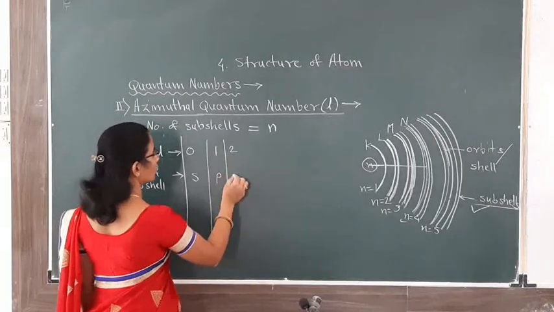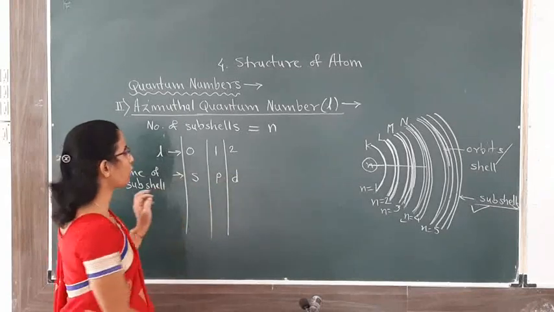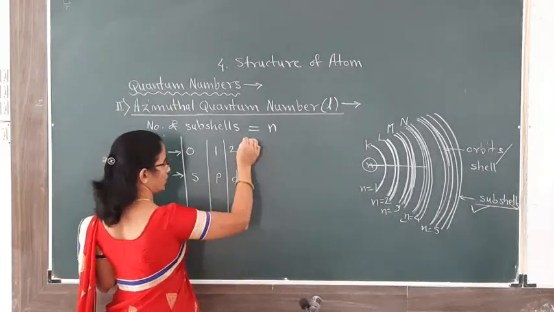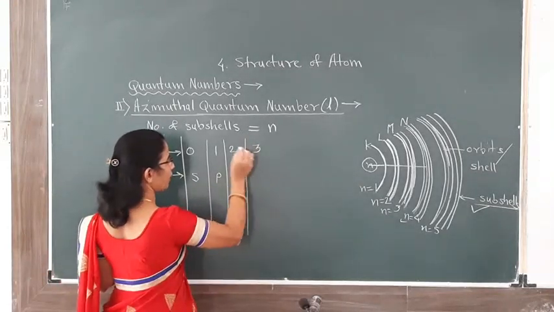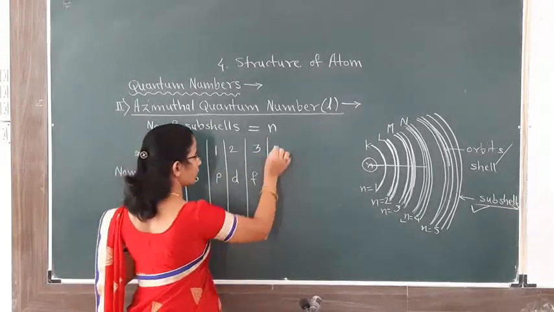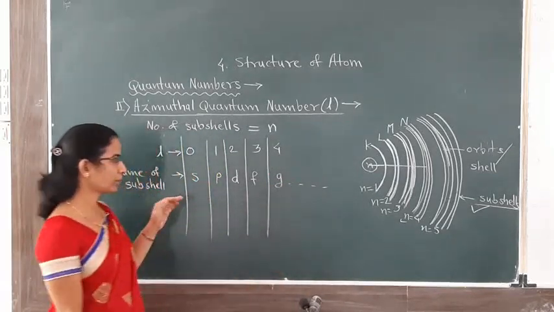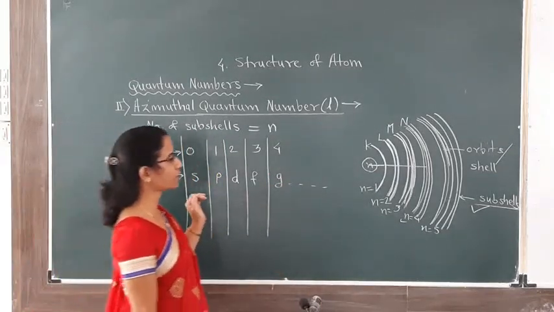If l is equal to 2, it is named as d. Similarly, if l is equal to 3, it is named as f. If l is equal to 4, it is named as g and so on. In this way, the subshells are named.